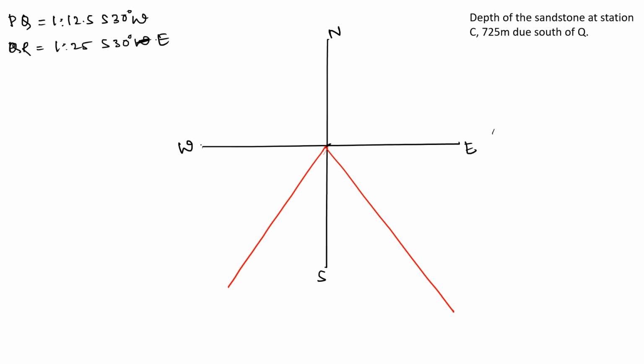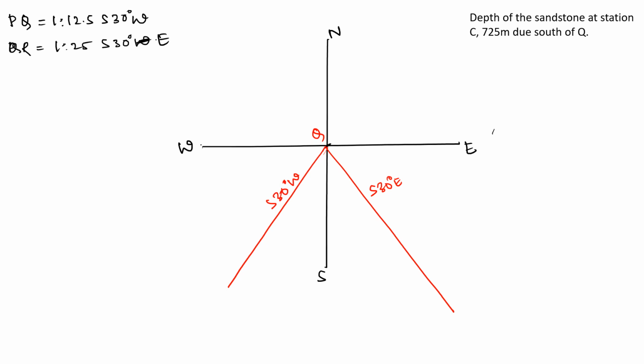Okay, so I'll name this south 30 west and this south 30 east. So this point is my point Q, this point is my R.